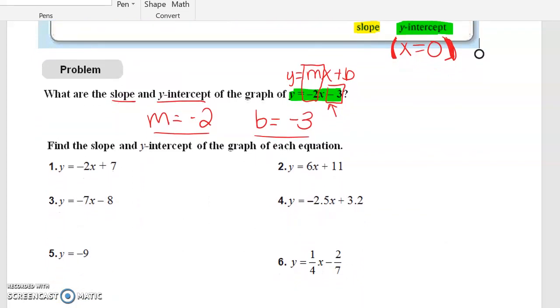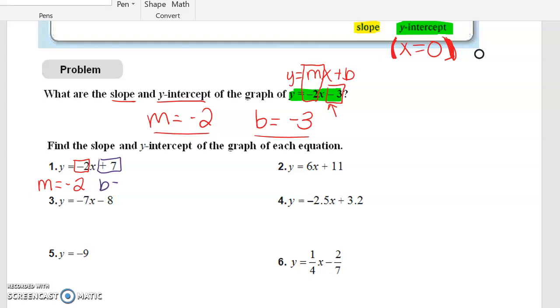In number 1, again, they ask you to find the slope and the y-intercept. Our slope is the value in front of the x, which is negative 2, so m is equal to negative 2. Our b value, or our y-intercept, is the value that's added or subtracted after the x.